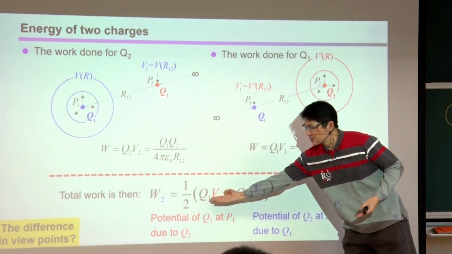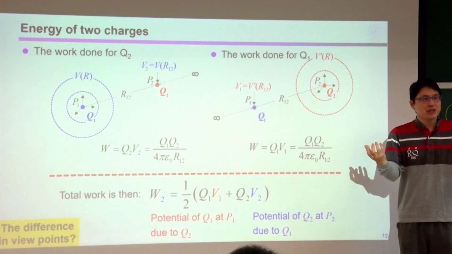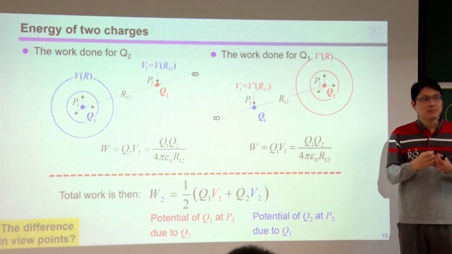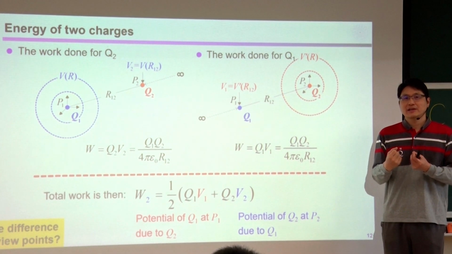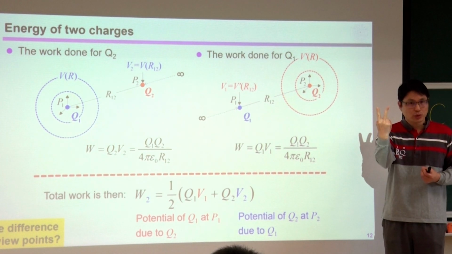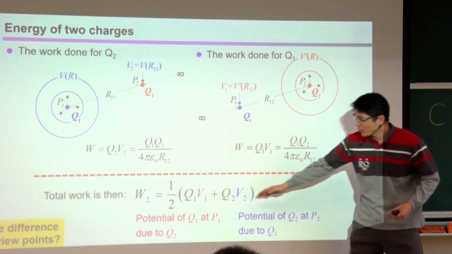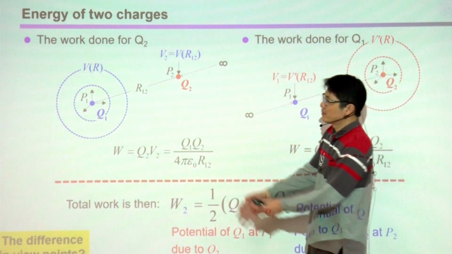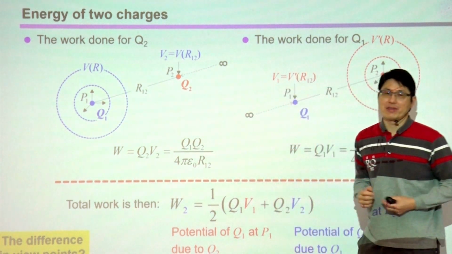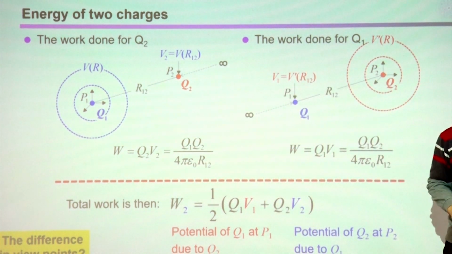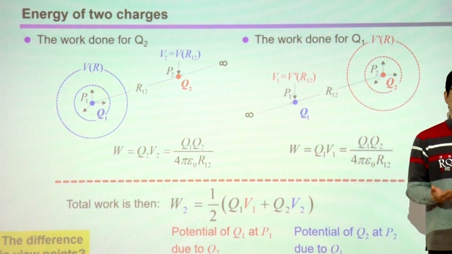I just write down their energy equation. I add the two energy portions together. But when I am adding, I actually counted the energy twice. Right? This writing system is like saying, I have this, I have this, I add them up together. So I multiply by 2. Therefore, I need to divide it by 2 to get the real result.